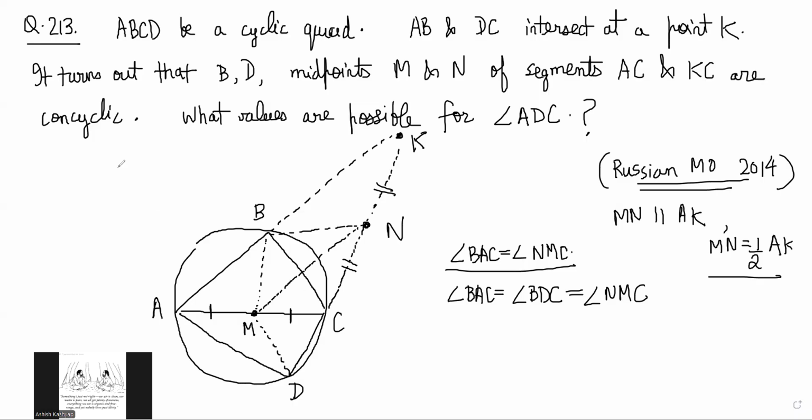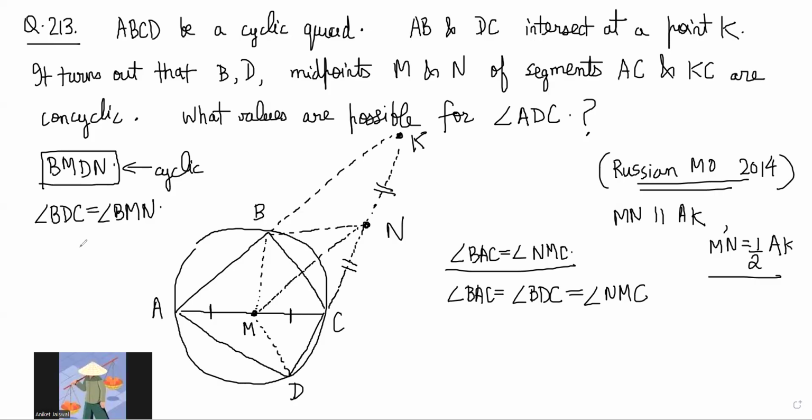Think about it, the second cyclic quadrilateral, BMDN, right? Yes. So in that cyclic quadrilateral, angle BDC is equal to angle BMN, right? Correct.